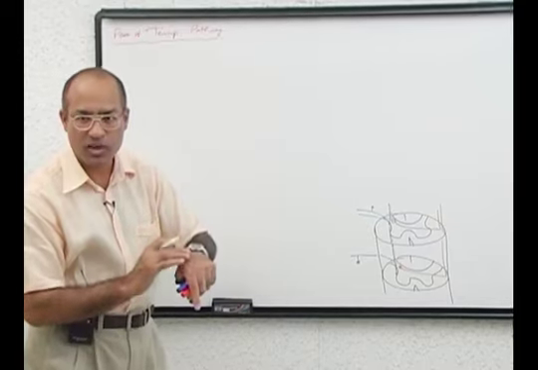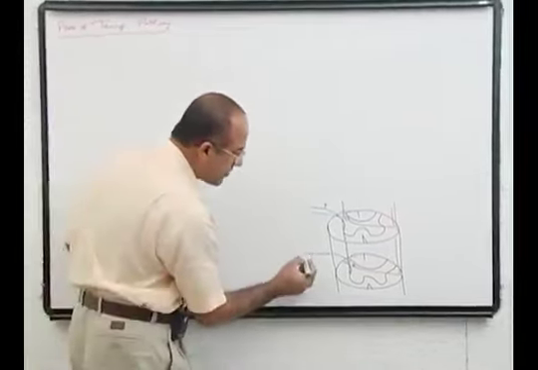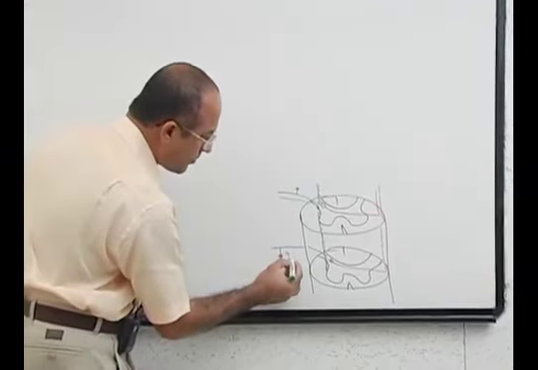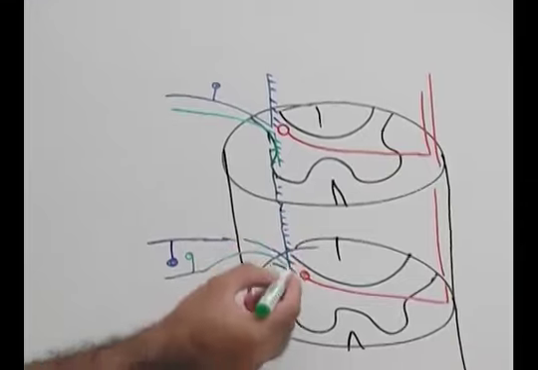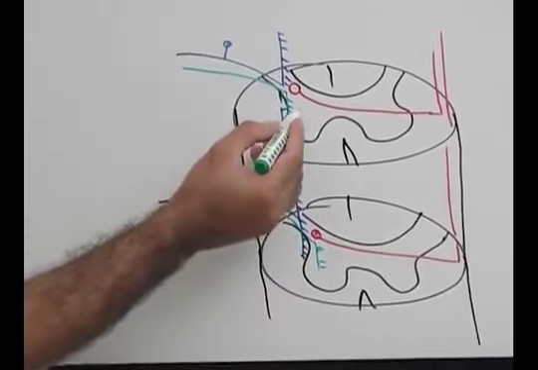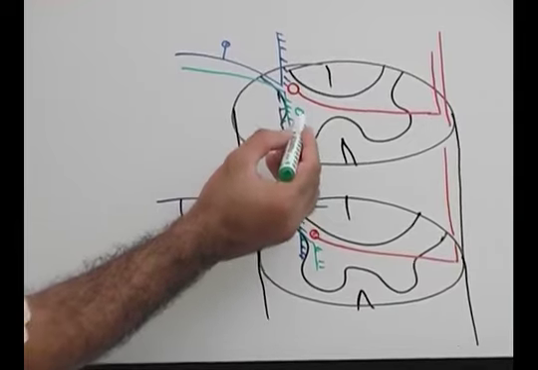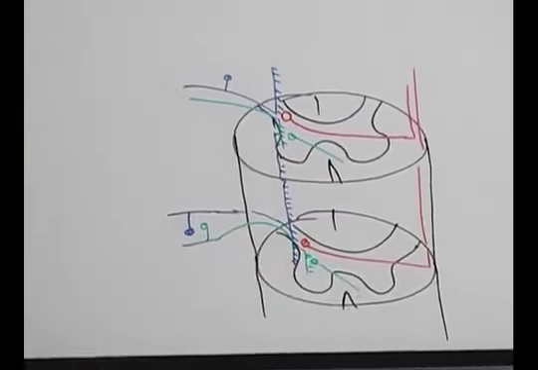But there is a crude touch, is that right? Now this pathway, fibers also come from the dorsal root. They also become part of it as they go up and down, right? Their second order neurons also cross to the opposite side.